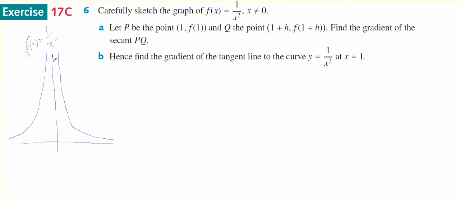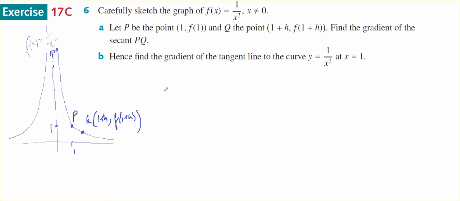I have an asymptote at x = 0, and the point (1, 1) is going to be point P, and this is going to be point Q, which is (1 + h, f(1 + h)).